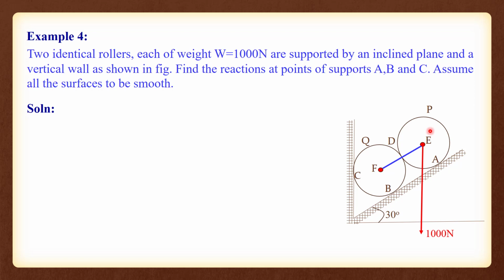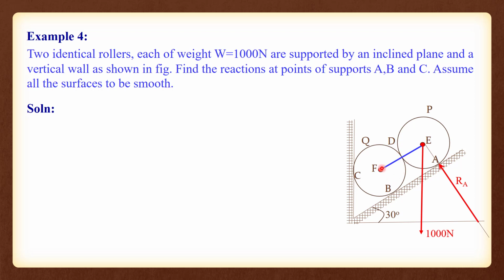So, let us mark the other forces also acting on this roller. One is the reaction that will be perpendicular to the inclined surface. When you draw the line of action of that force, it will be passing through the point E. Then we have one more contact point at D, right?